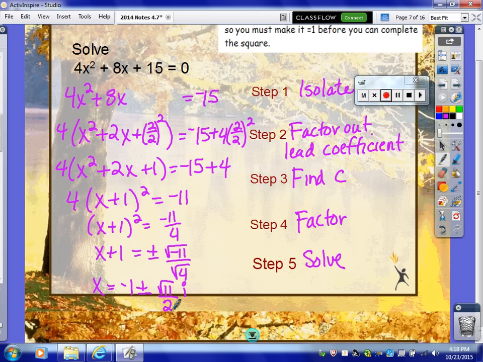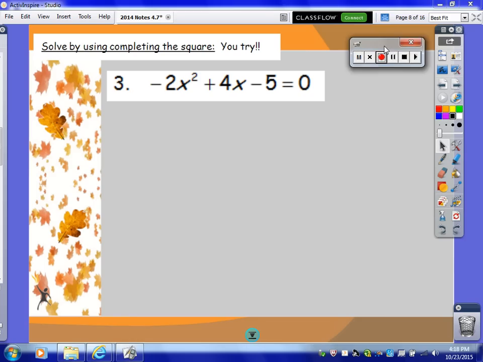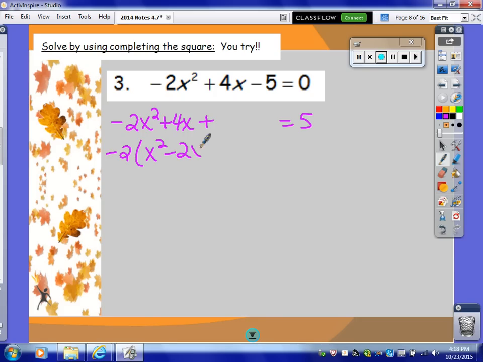Okay? All right, a couple more. Just want to show you all different kinds of ways you can see this. I notice here that I've got a lead coefficient, so that means this is going to have an extra step to it. I'm still going to isolate first. Factor out that negative 2. Find c.